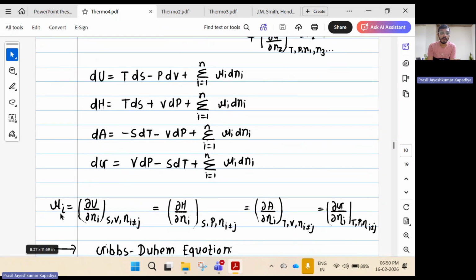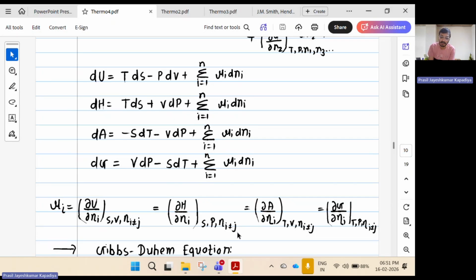Okay. So how can I now define mu? My mu_i, let's say mu1, mu2, mu3, like that, is nothing but del U by del N_i at constant S, constant V, and all N's constant other than i, so N_j not equal to N_i. Similarly, del H by del N_i at constant entropy, pressure, and all N_j where j is not equal to i.